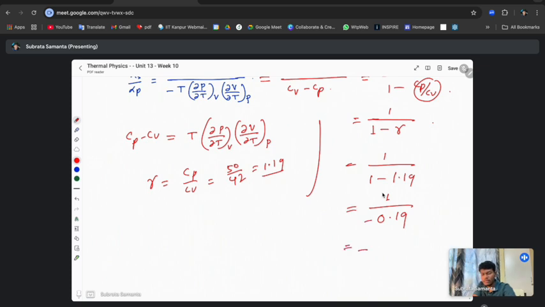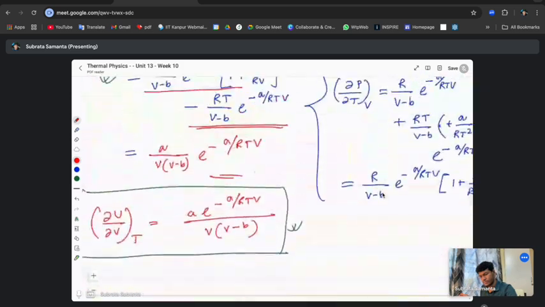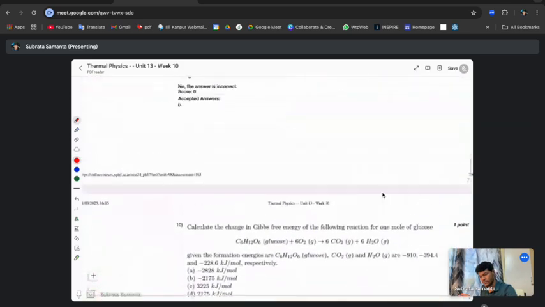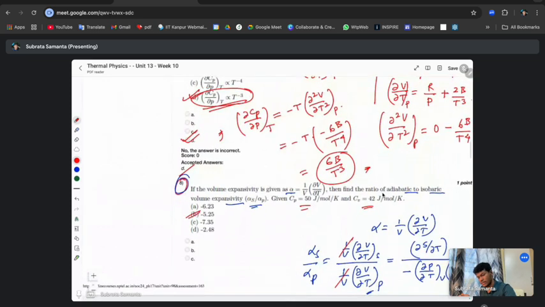This is basically minus 5.25, slightly above 5, because 0.19 is slightly below 0.2. So 1 over this is slightly above 5, 5.25 with a negative sign. Let's check the option. Yes, option B is correct.